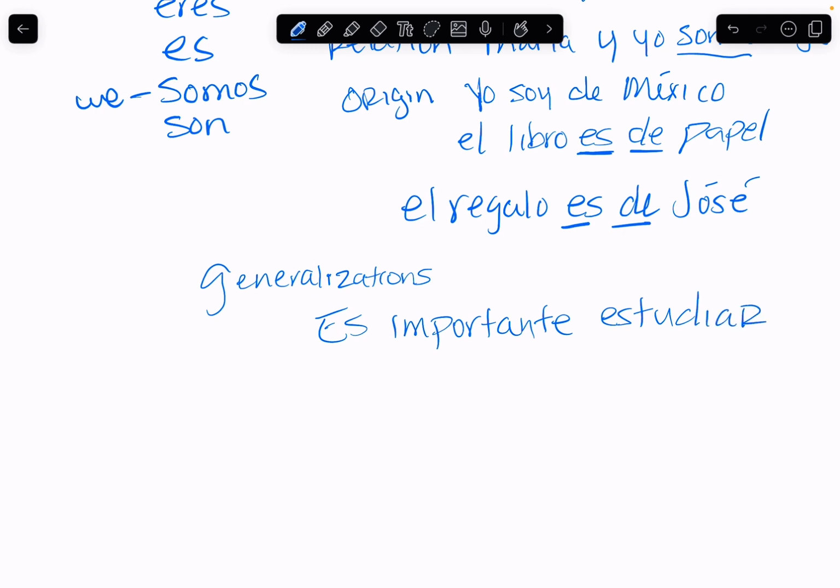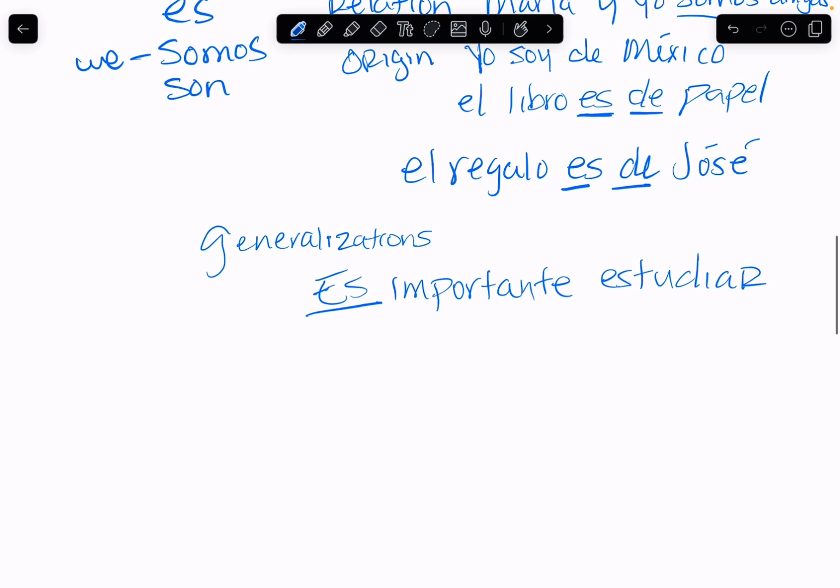It is important. It is important to study. That is just a general statement that is true, right? A generalization. Something that is true to explain something.